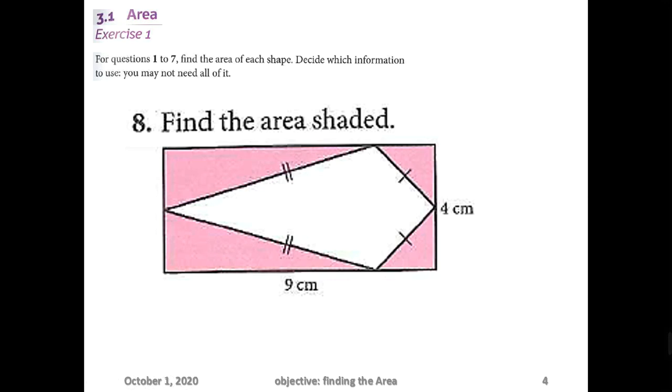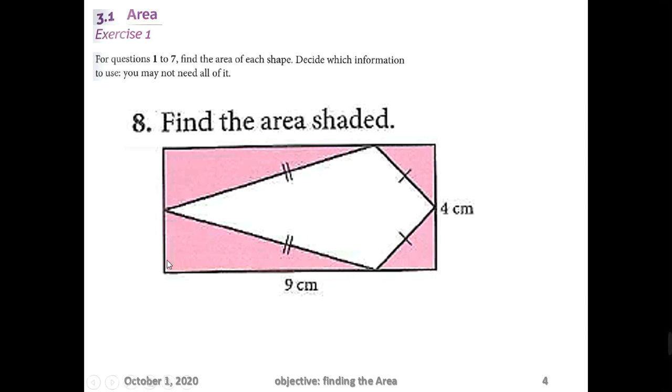To calculate the area of compound or composed shapes, we must find the area of each shape on its own. So you find the area of the rectangle, and then the area of the kite, and then you ask yourself, am I going to add the two areas together, or subtract them?